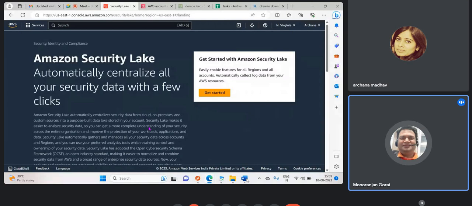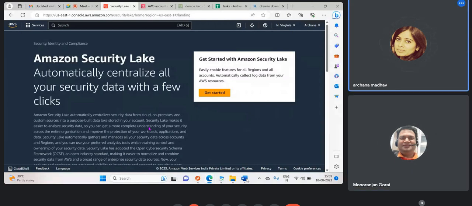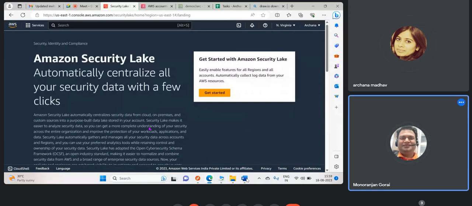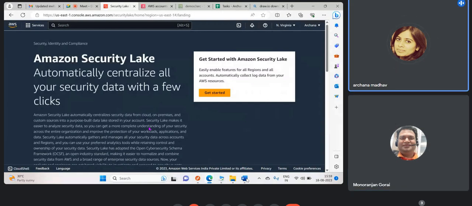So if you see this sentence, right, automatically centralize all your data with a few clicks. Basically, what it is trying to say is that when you see this term, you think the data is huge, and it combines all distributed data together in a centralized place. So this means from all the regions, right? For example, if I have services in multiple regions, I will get the reports of all the regions.